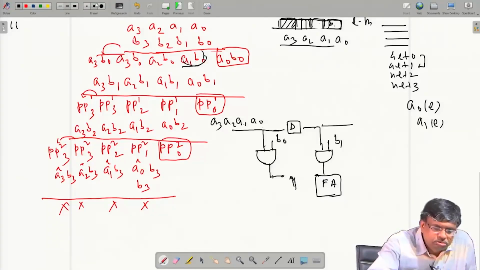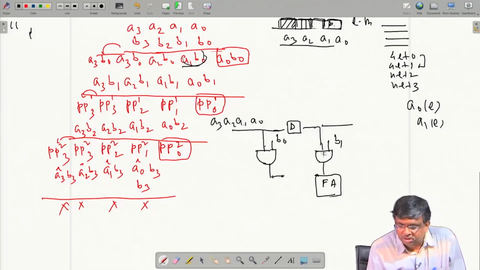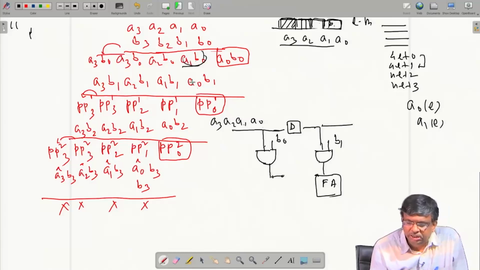One minute. So, A1 dot B0 at 4L plus 1, at that time A0 has come, because of the one cycle delay here. So, when it is A1 dot B0, at that time it is A0 dot B1, and they are to be added with 0 initial carry.